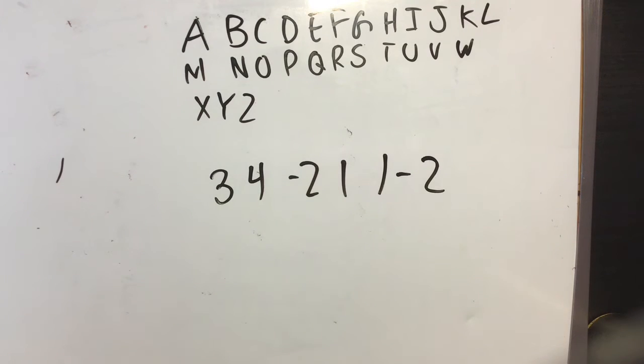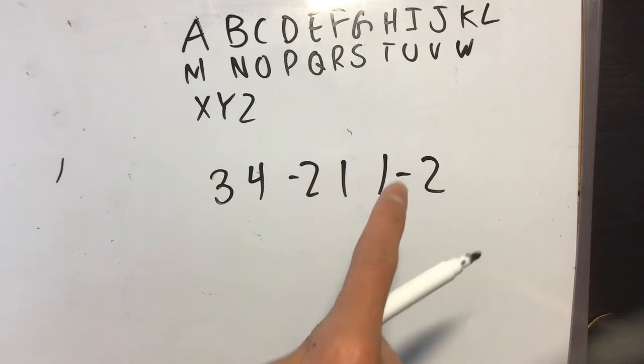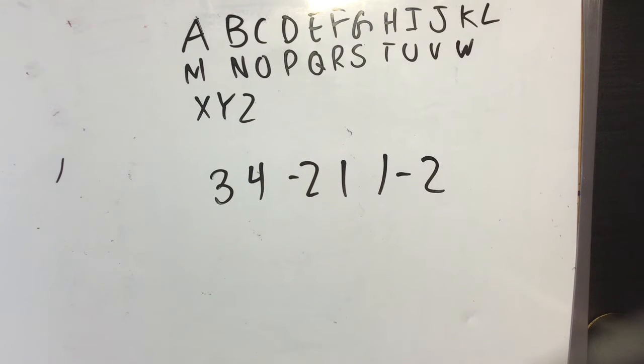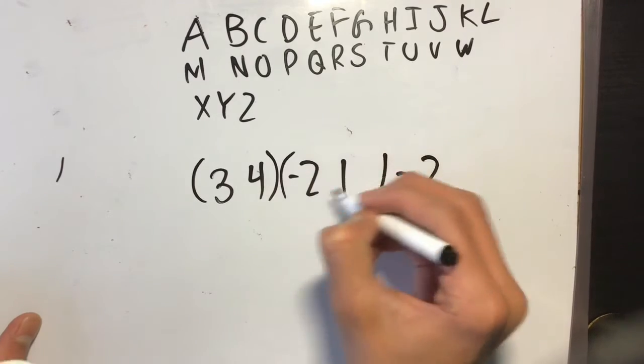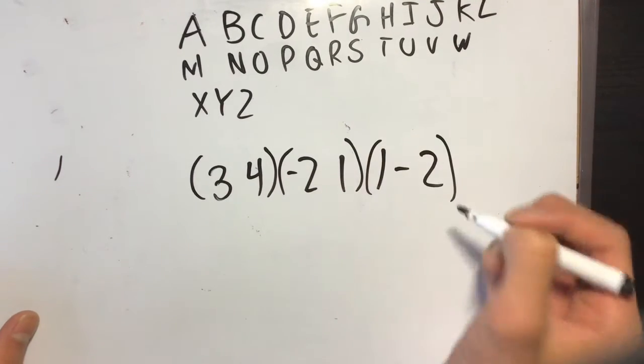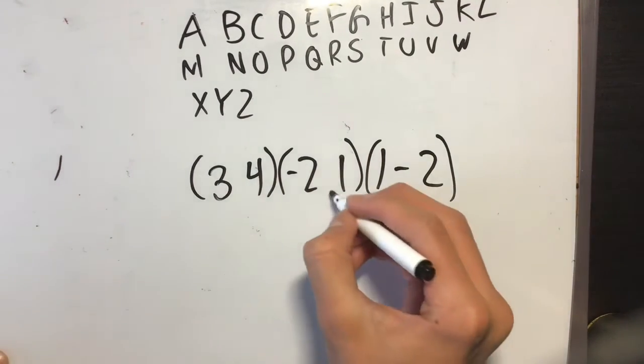You would think it's just 34, -21, and whatever that is. You have to separate them. So every time you show a coordinate, you have to put it in brackets, like this, and separate the two numbers with 1 comma.